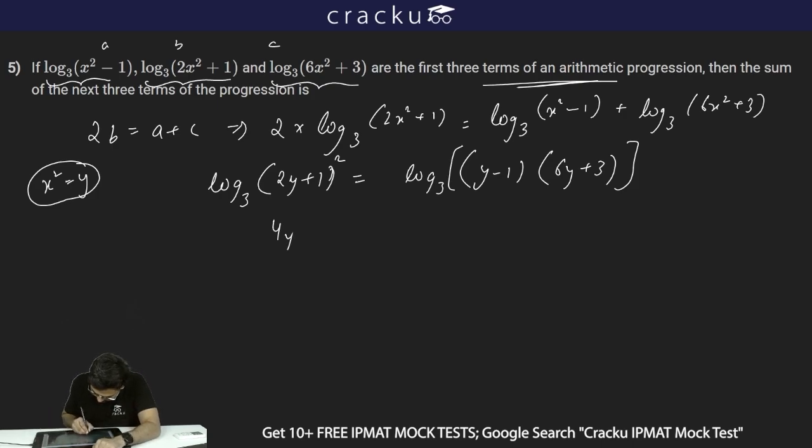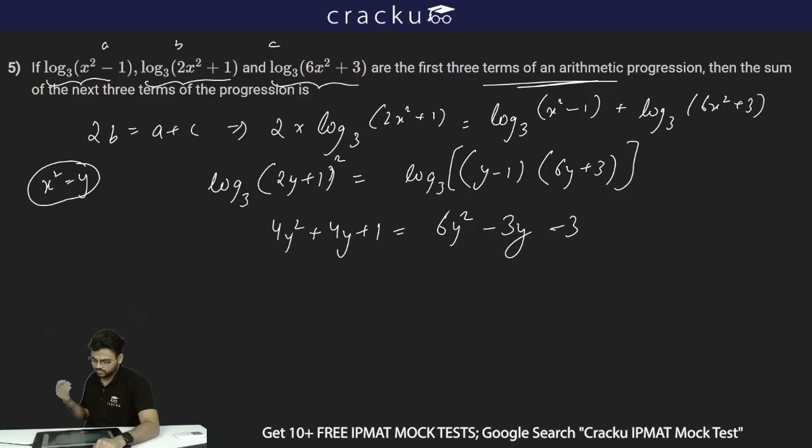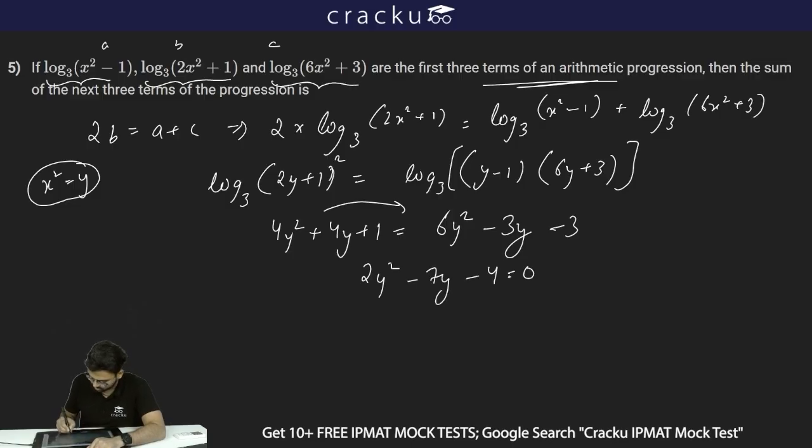So we'll get 4y square plus 4y plus 1 is equal to 6y square plus 3y minus 6y minus 3. So 4y square plus 4y plus 1 will be equal to 6y square minus 3y minus 3. Further solving this, I'll take this to the right hand side, so this will be 2y square minus 7y minus 4 is equal to 0.